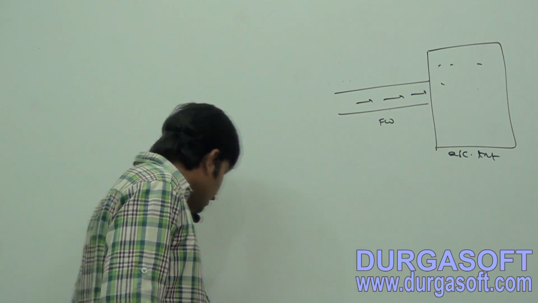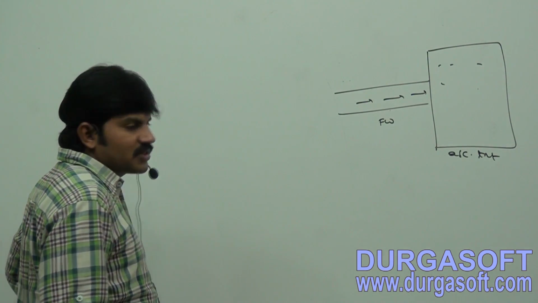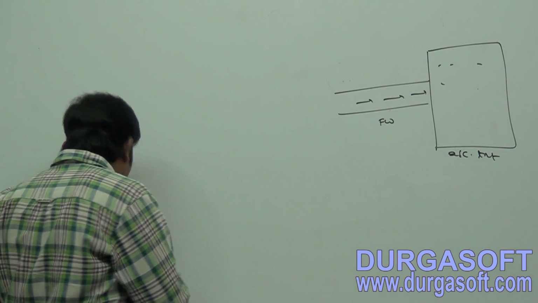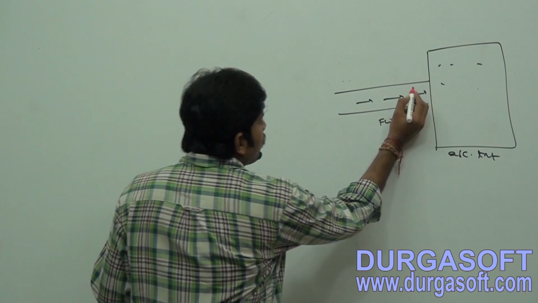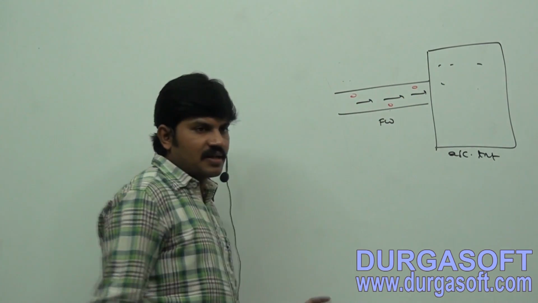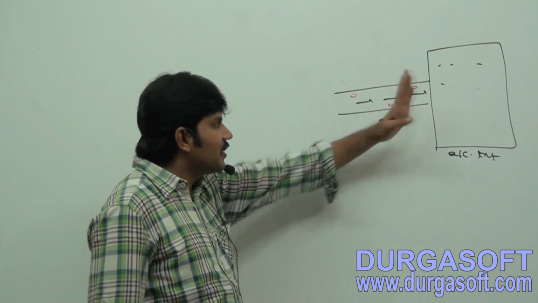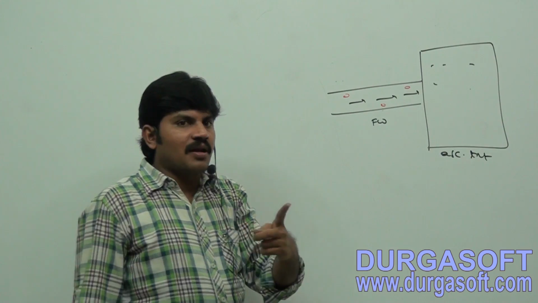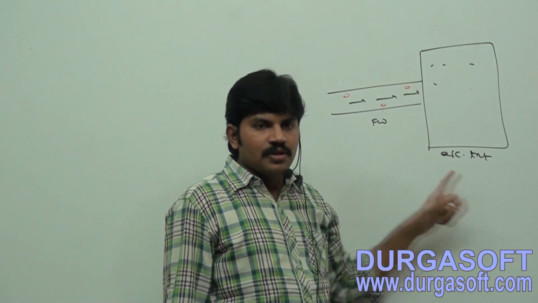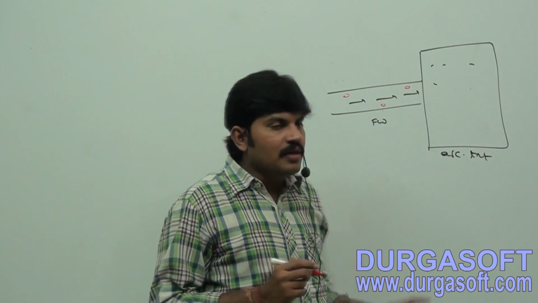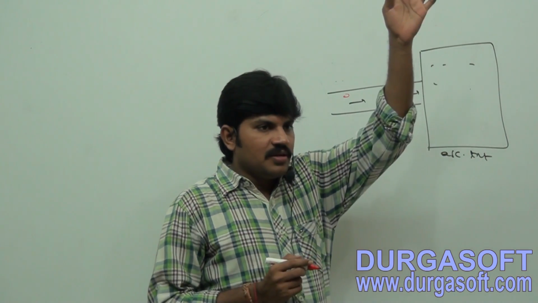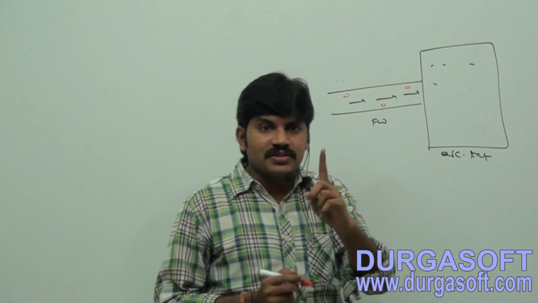In the middle, there may be a chance of our characters getting stuck. That's why, to give the guarantee that total data, including the last character also, is written to the file properly, we have to call which method? Flush is the method.